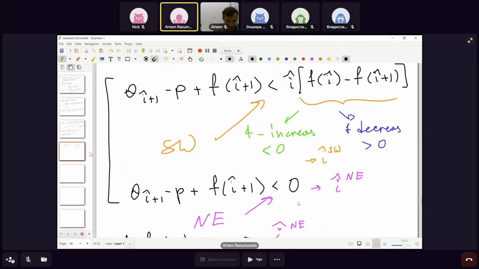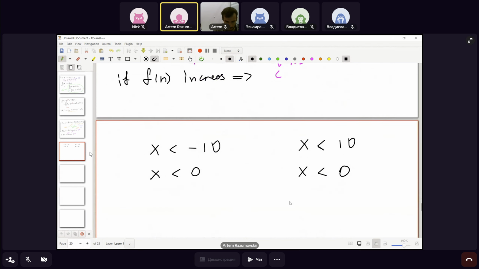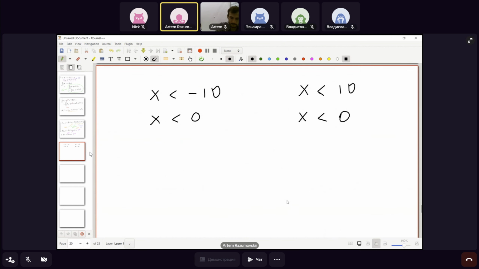So then, okay, let me think about it. So this is the guy who does not join because his utility is negative. So then, when they have the utility of guy I, and if I joins, so it means that this is increasing.